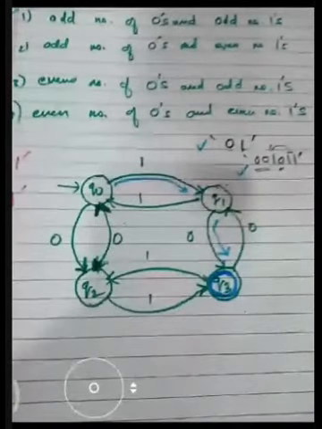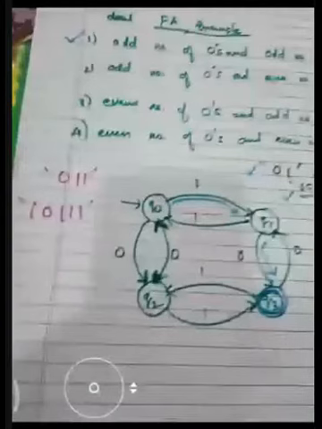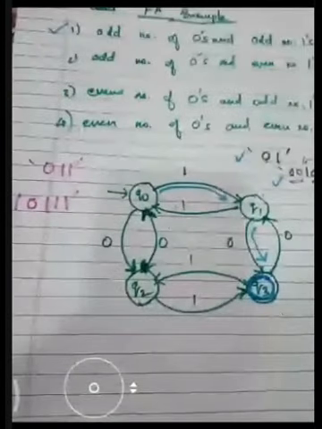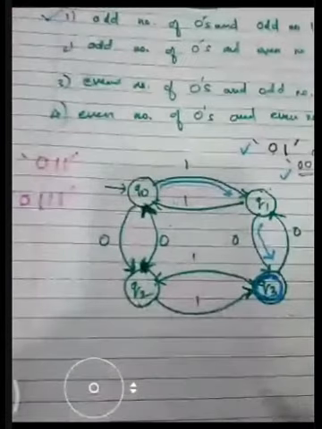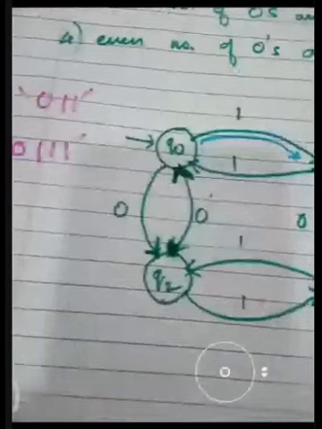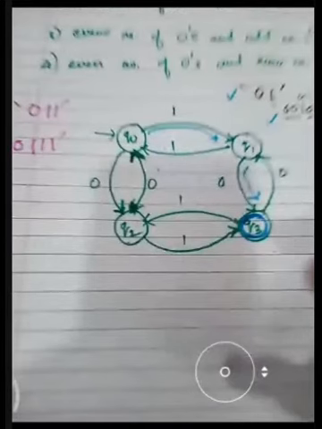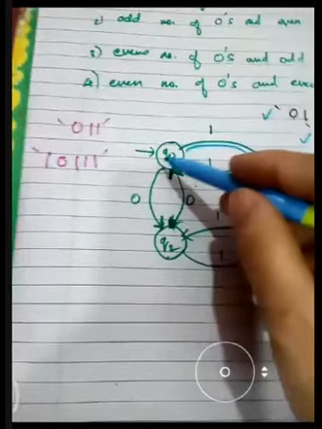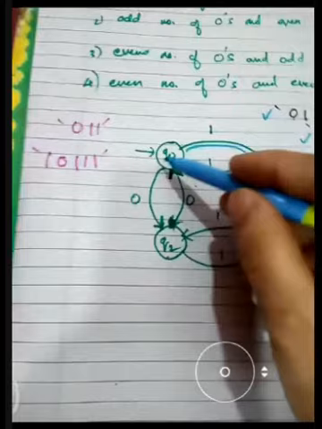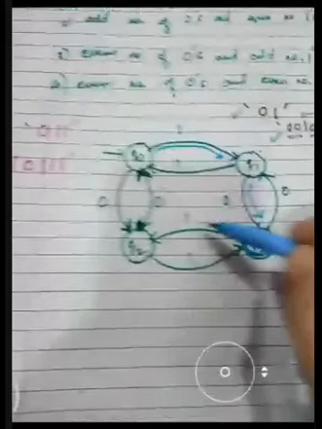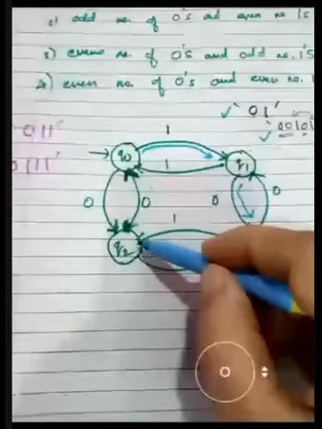So for the second case we can have the things as follows. Now here we will have 0, 1, 1. With this 0 I am moving here, with 1 I am moving here, and with 1 again I am moving here. So for the first case the Q2 state is okay.